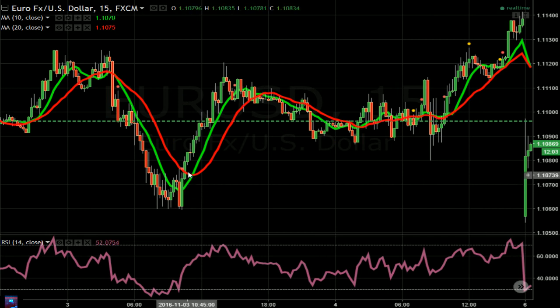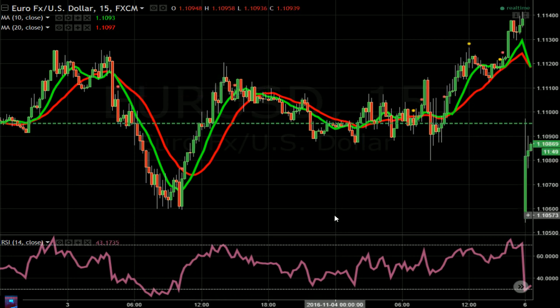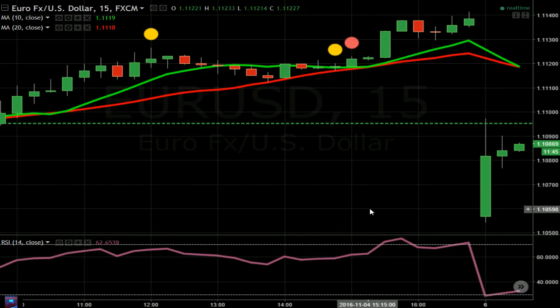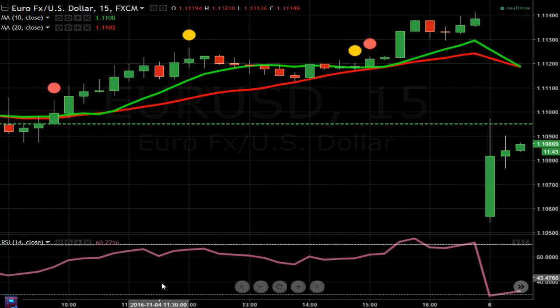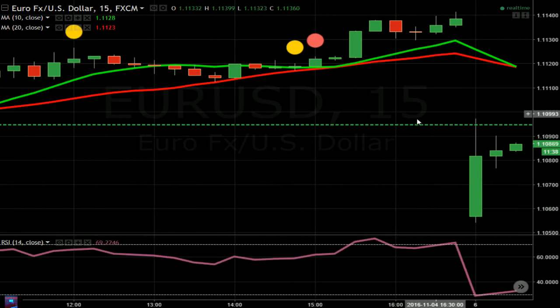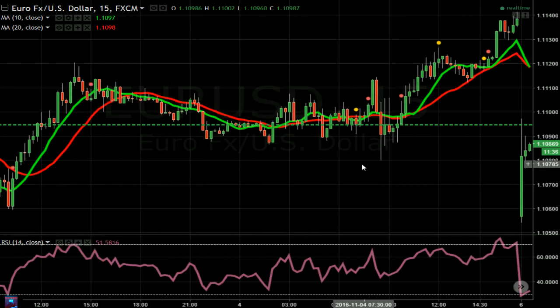As we can see here, the situation turned where it got real bullish with the 10-day crossing the 20-day moving average. Obviously, situations change in forex. And again, this is a 15-minute chart, and I think it's actually live right now. So as we can see, some major changes going on right now in forex.